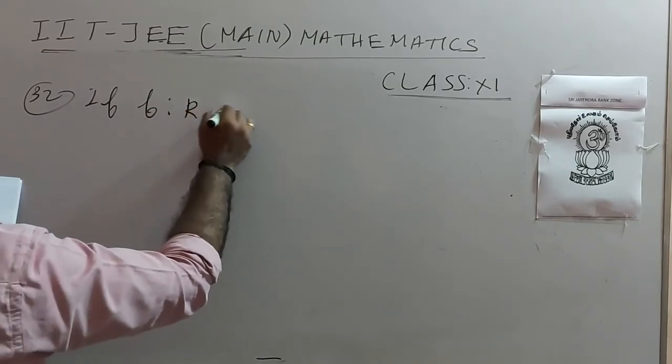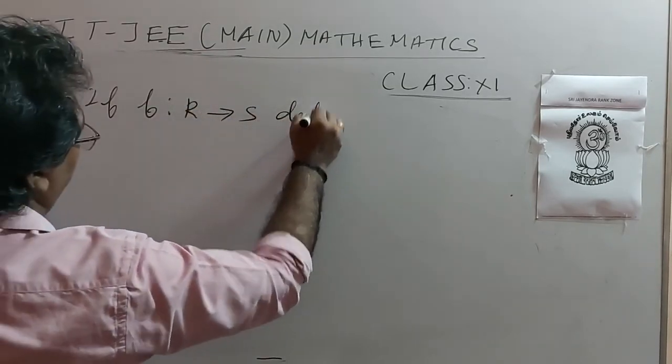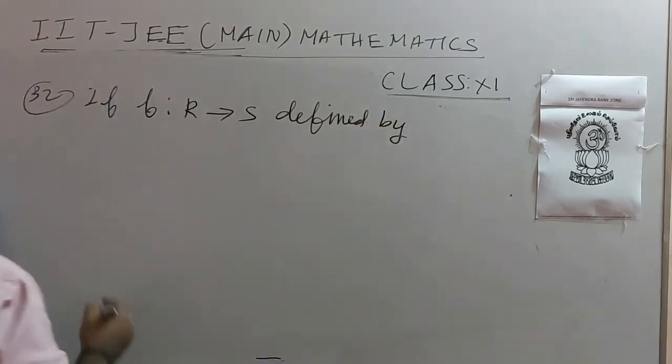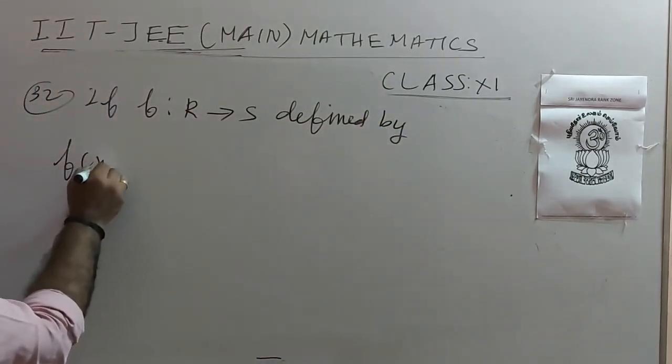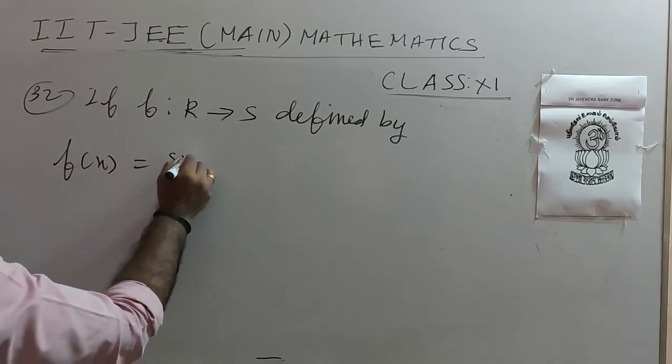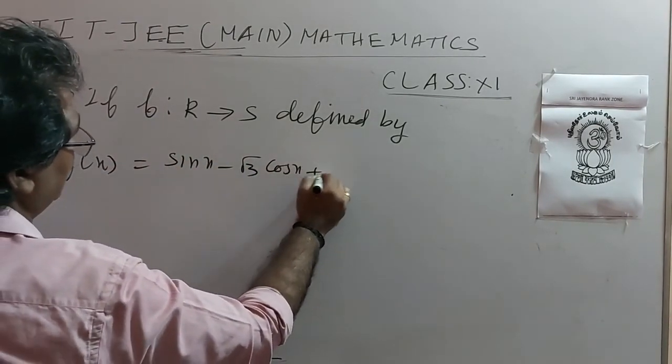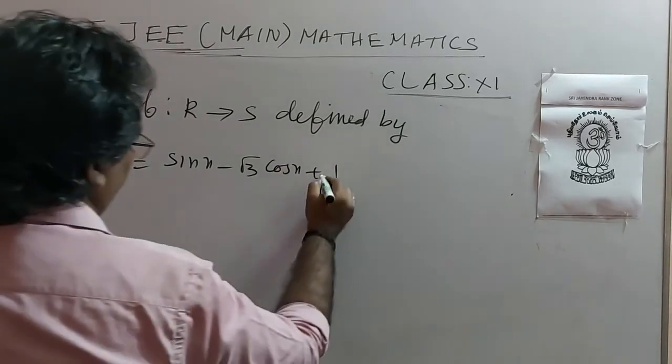F is a function from R to S defined by f of x equal to sin x minus root 3 cos x plus 1.